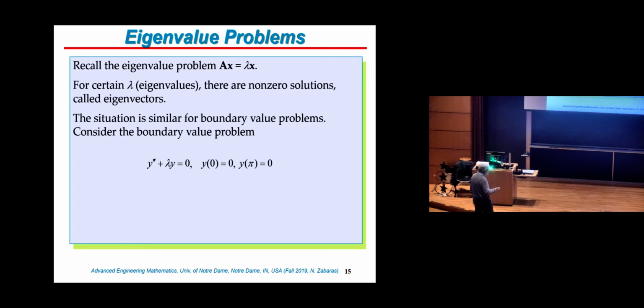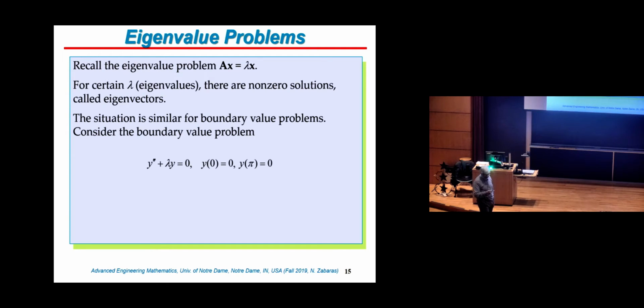So one of the things we will be interested in is to identify these eigenvalues and eigenvectors for boundary value problems. So you can think of this, and we will see this through examples. There are specific modes of the solution of this homogeneous problem, and these modes are eigenvectors. And then the actual solution to the non-homogeneous problem is really a linear combination of the eigenvectors.